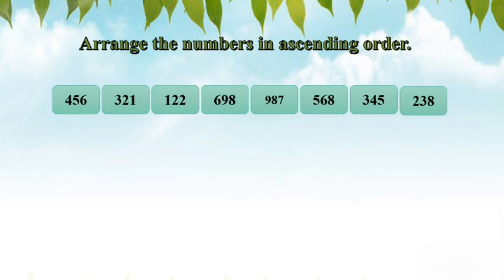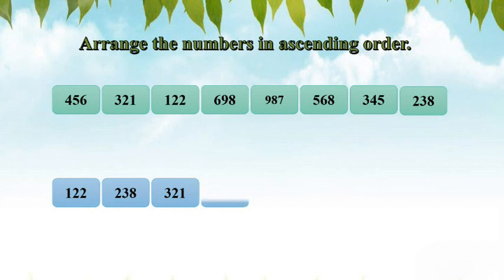Okay, now let's arrange the numbers in ascending order. The first number is 122, and the second number is 238, and the third number is 321, and the next number is 345.